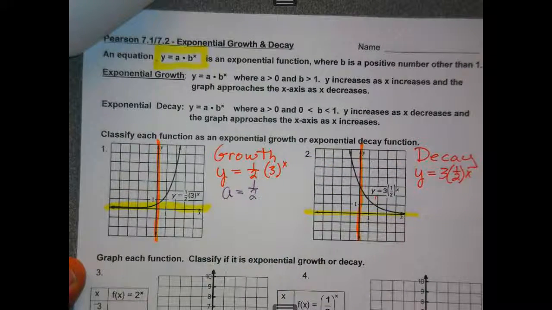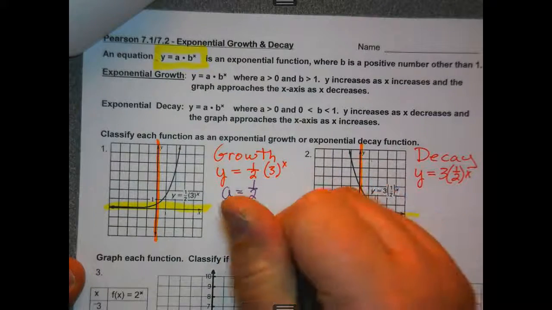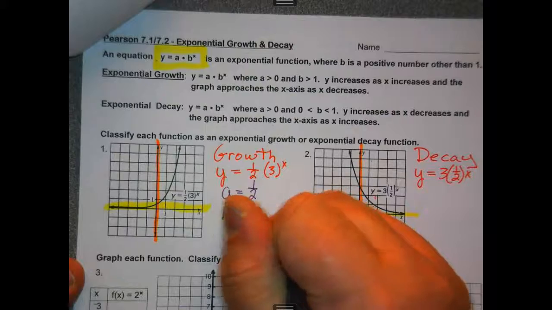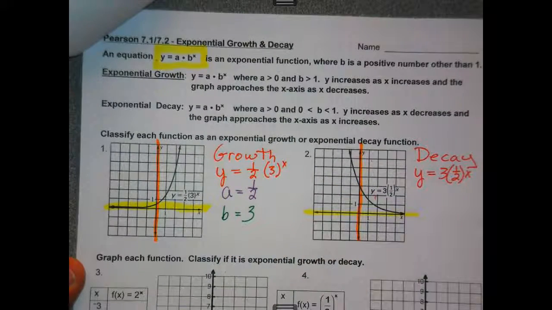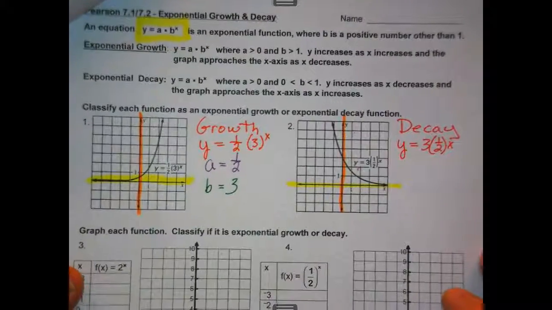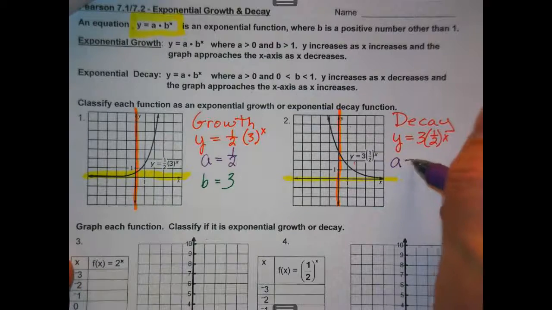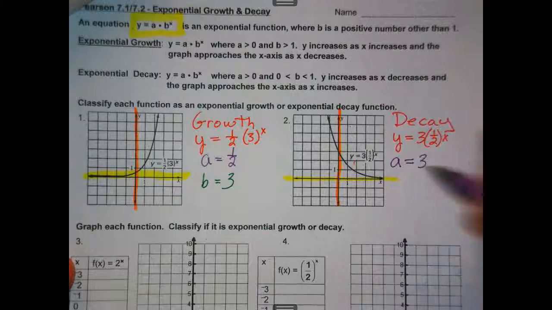And what's my b? 3. Okay, my b is 3. X is the exponent. Actually, I think this is the worksheet off of your Algebra 1 packet. Okay, what's my a in number 2? And what's my b?